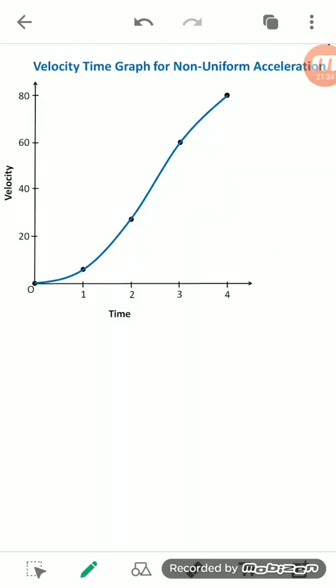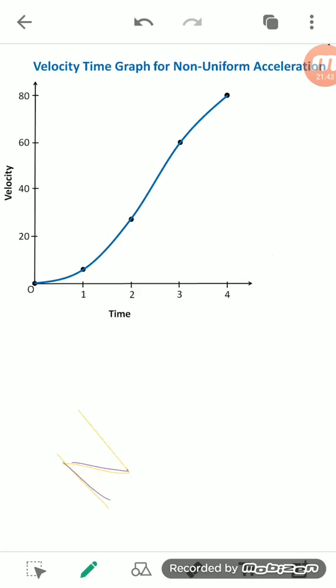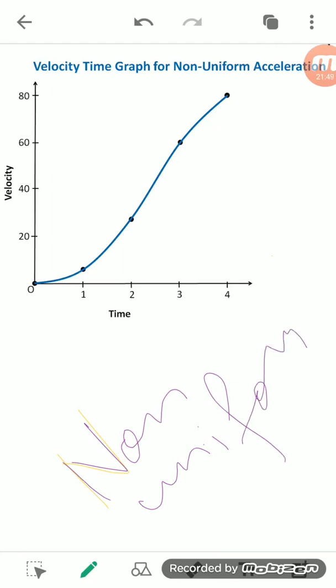Now we will come to the speed time graph when the speed changes at a non-uniform rate, which means non-uniform acceleration.